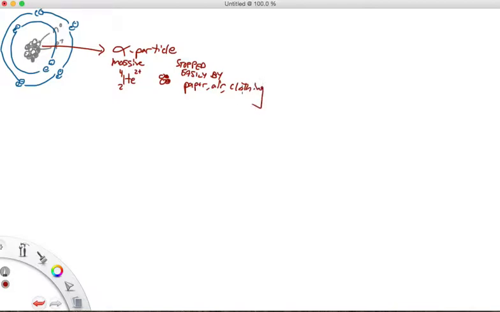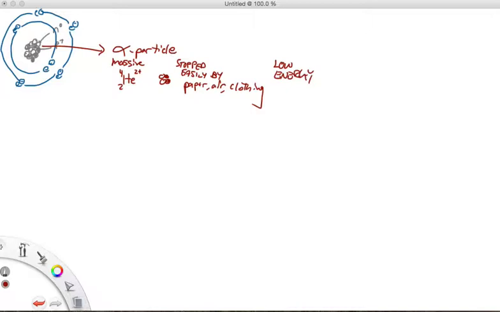So that's one type of particle, an alpha particle. We're going to say that it's relatively low energy as well. It's low energy, it's massive, it's just a helium nucleus with no electrons around it, just 2 protons and 2 neutrons being shot out. That is an alpha particle. It can be stopped by paper or air.